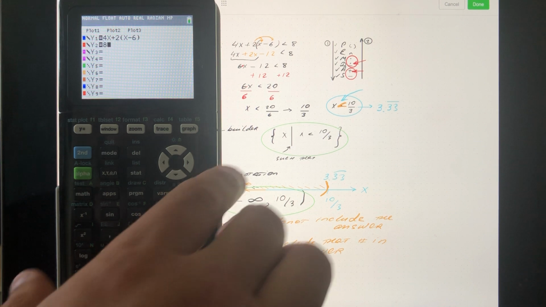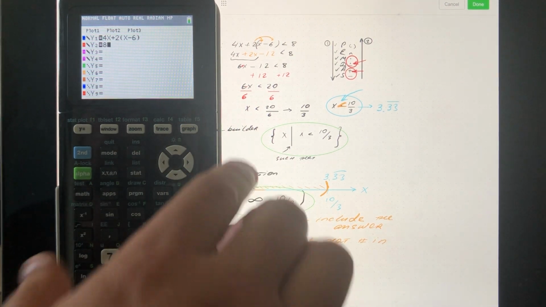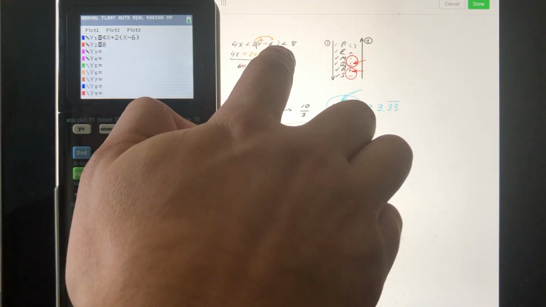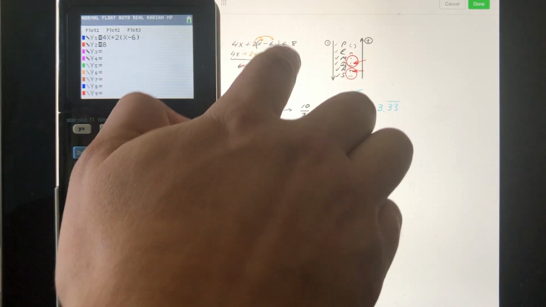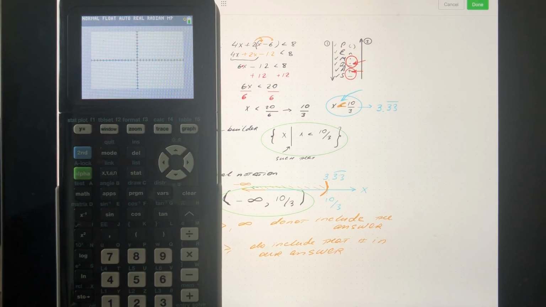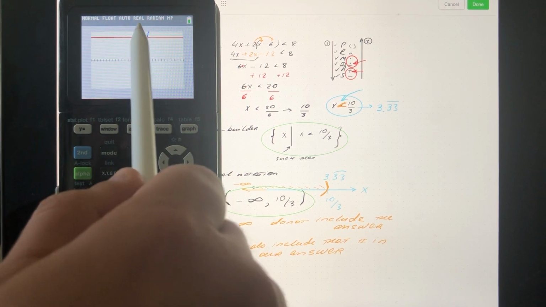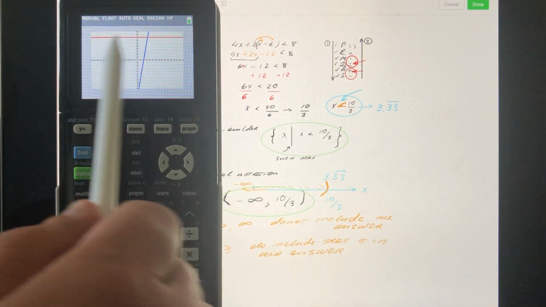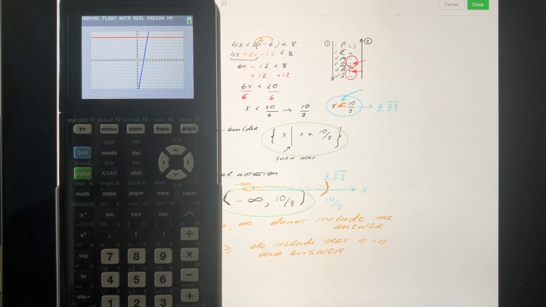What we're looking for is two straight lines. The first one is the left expression, and less than 8. Less than means below. So the question is, where is my blue line, which is the first line, below the red line, which is 8?